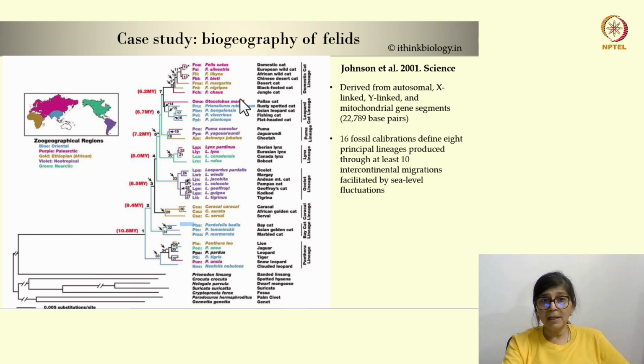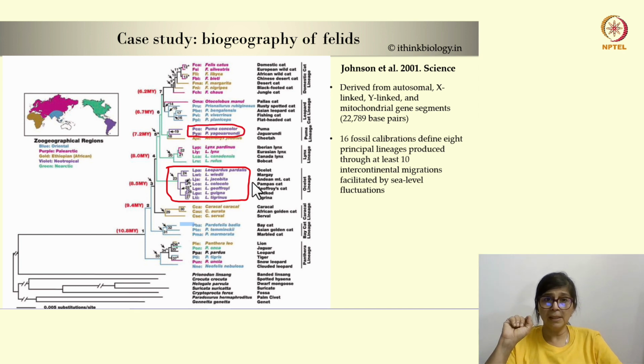Okay, but one thing to be noted here is this particular lineage. These two lineages are only in purple color. Okay, and one is Puma and one is the Leopardus or the ocelot lineage. So these two only occurred in South America, which suggests that in South America, expansion of range through migration happened only twice.